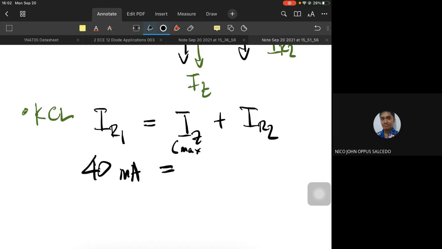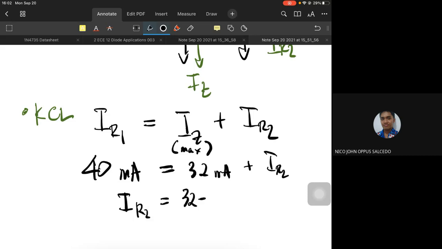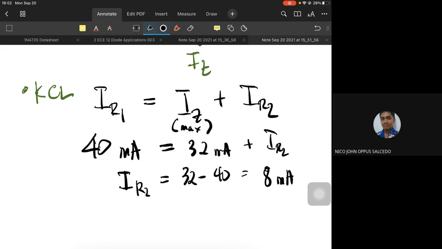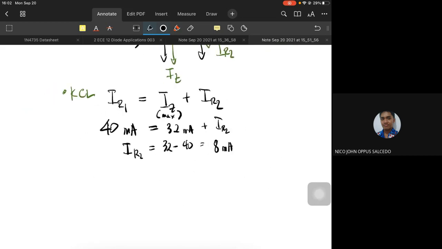So this is a maximum value for IZ. 32 milliamperes plus IR2. Therefore, IR2 is equal to 40 minus 32, which is 8 milliamperes. So, 8 milliamperes ang maximum load current.